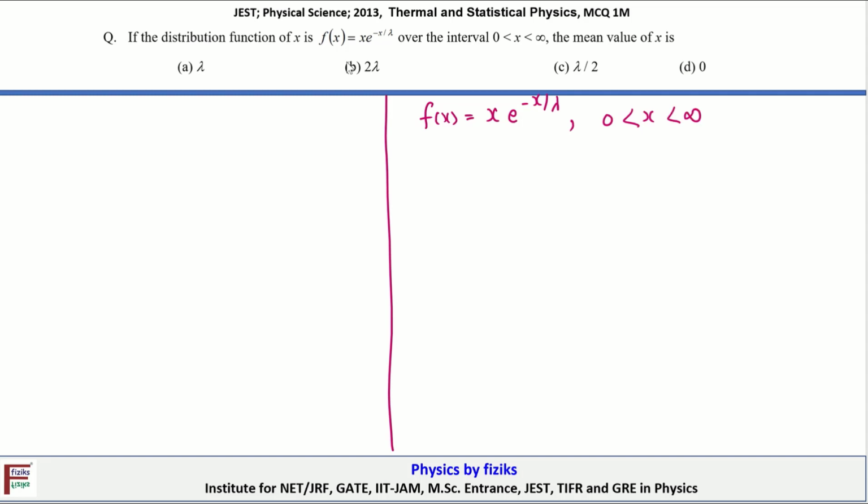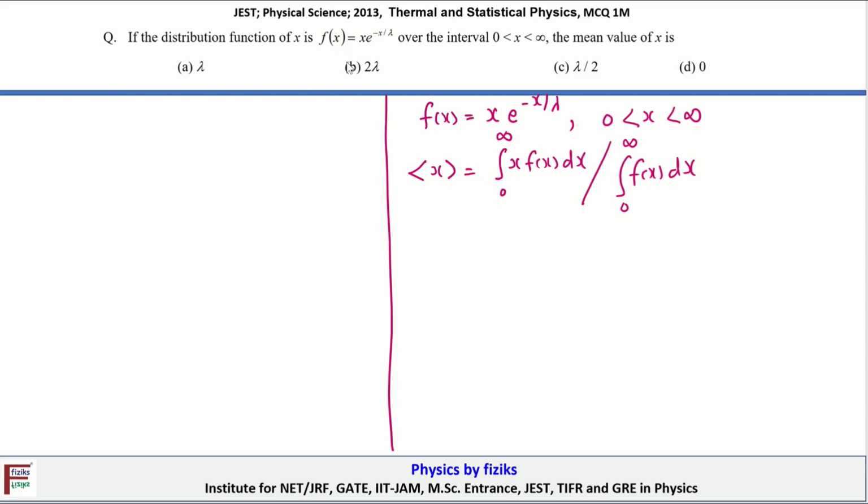Okay, so now by making the definition of the mean value, the mean of x is equal to the integral from 0 to infinity of x f(x) dx divided by the integral from 0 to infinity of f(x) dx.